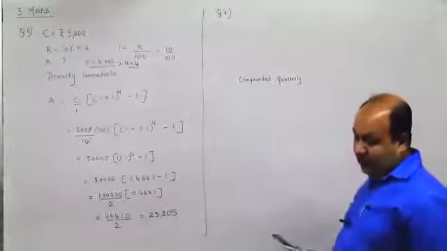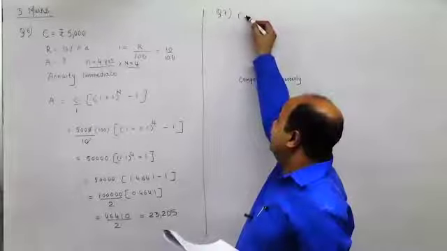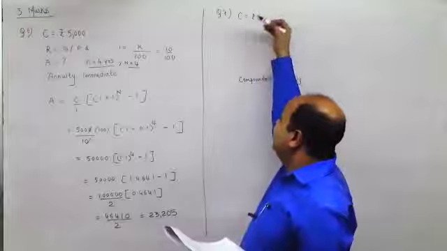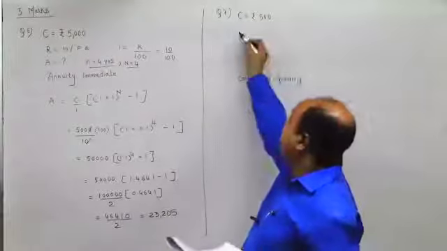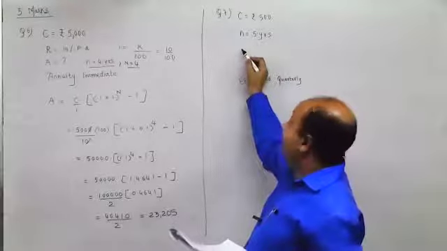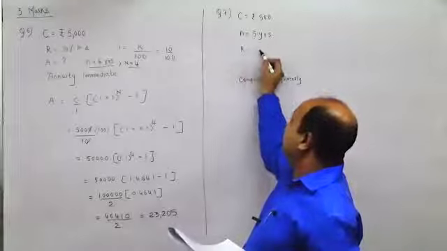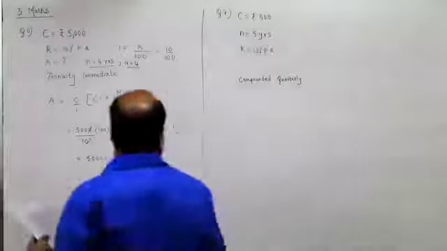Next, 500 is paid at the end of every quarter. So that is C, the installment amount, 500 at the end of every quarter for 5 years. So N is 5 years at the rate of 12% per annum. R is 12% per annum and it is compounded quarterly.